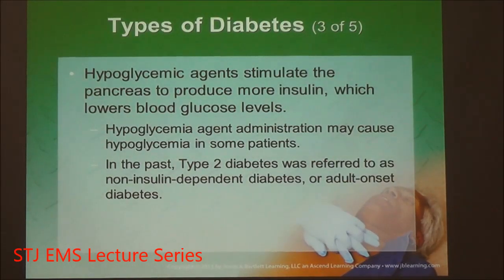When you wake up a diabetic and they don't want to go to the hospital, if they're type 1 and they control their own insulin production by injecting it, then that's one thing. But if they're a type 2 diabetic and they maybe took too much of their hypoglycemic drugs that cause that insulin production, an overstimulation, and you just give them simple sugar and then you leave, those drugs are still working and the body is still creating excessive amounts of insulin.